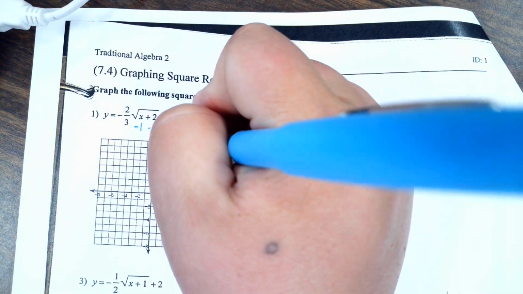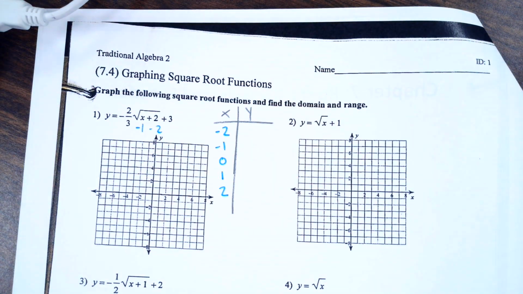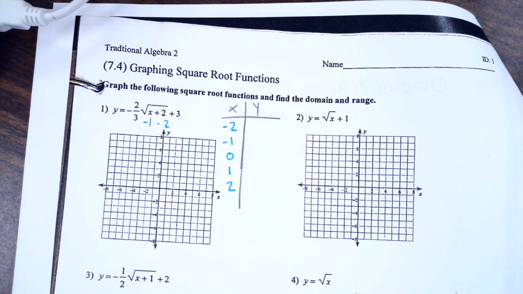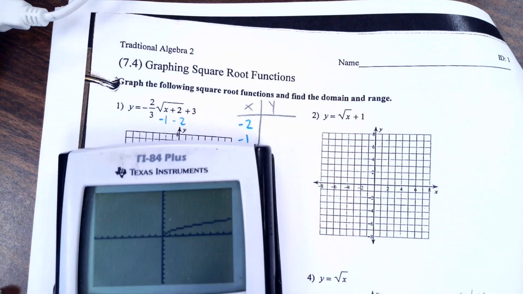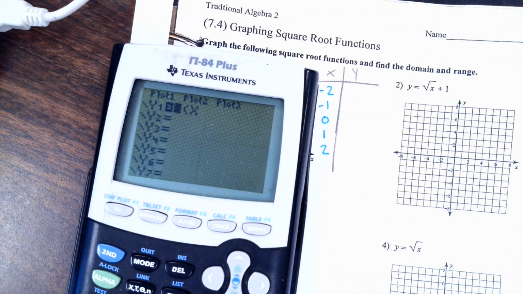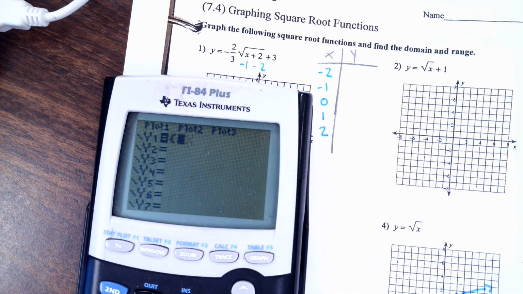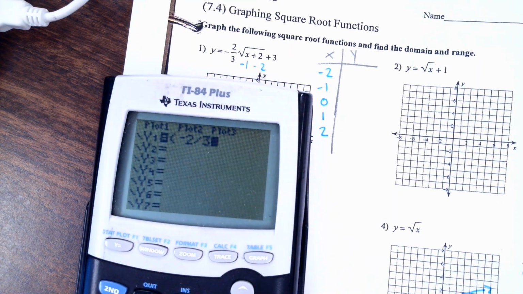So let's do negative 2, negative 1, 0, 1, and 2. Now, we could plug all these x's in, do the math, but there's a much easier way to complete our table. If we go to y equals and we plug in our function, so negative 2/3, you guys can use your fraction button.